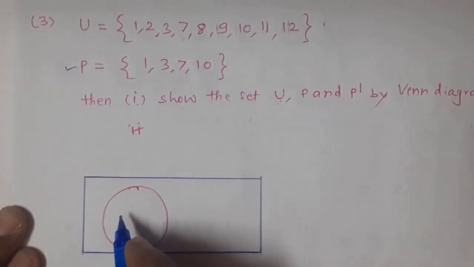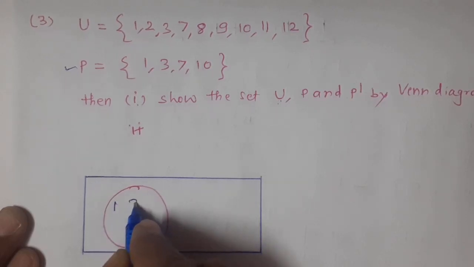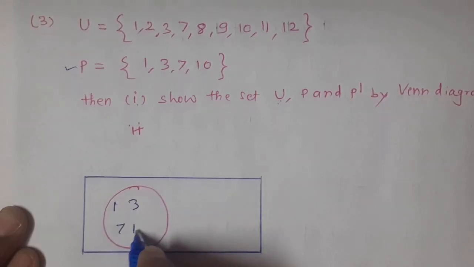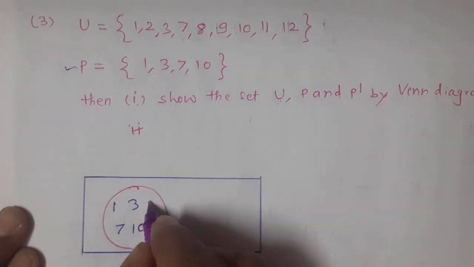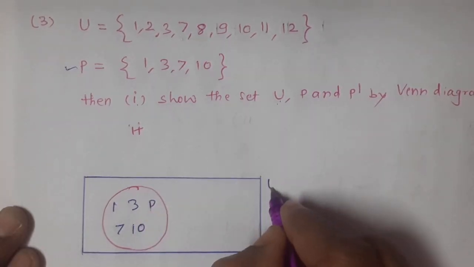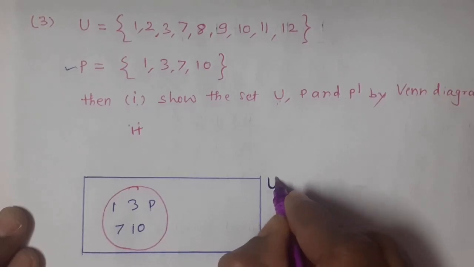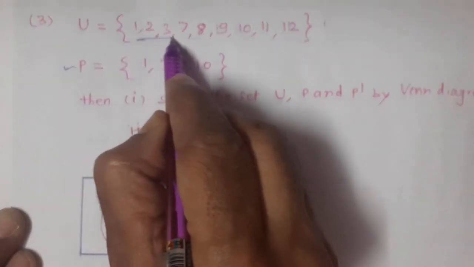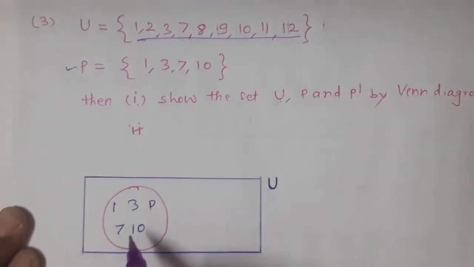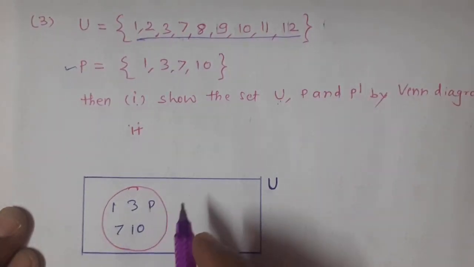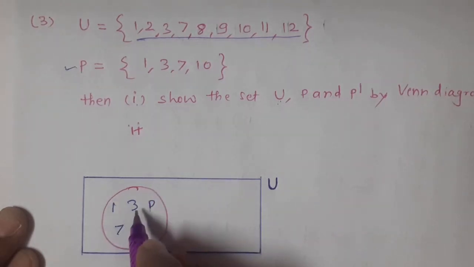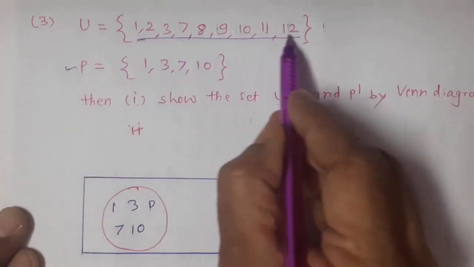So I am representing this set with the values 1 3 7 10, and I am representing this as set P. You know that this is the universal set. Whatever values are in this P, and beside these values, no doubt this universal set comprises all these values.